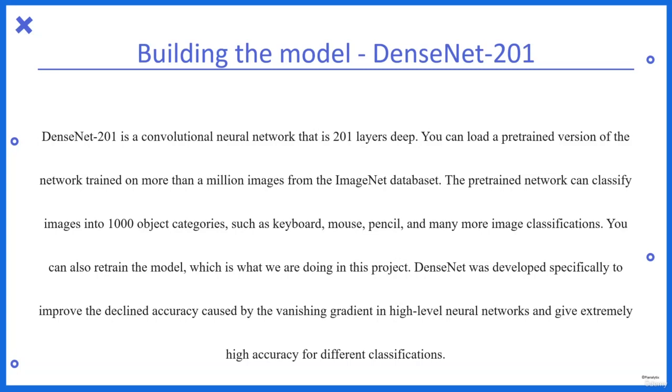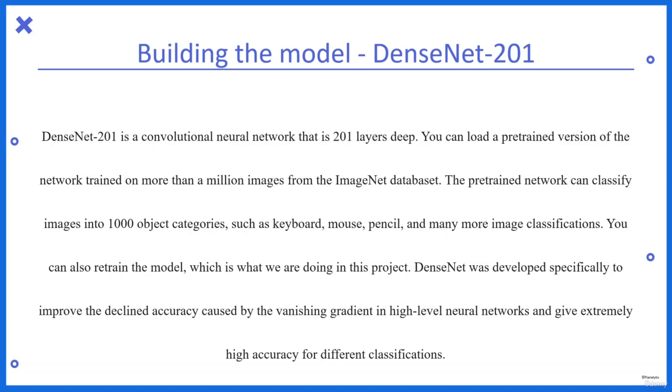So the pre-trained network can classify images into 1000 object categories, such as keyboard, mouse, pencils, and many more classifications. So that is how we have taken a million images from different objects, so that the DenseNet is able to categorize different objects, such as mouse, keyboard, pencil, it could be cars, traffic lights, etc. We can also retrain the model, which is exactly what we are going to do in this project.